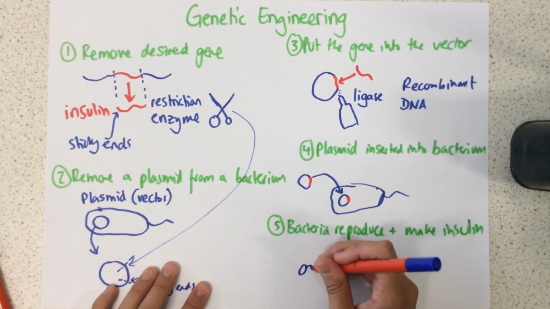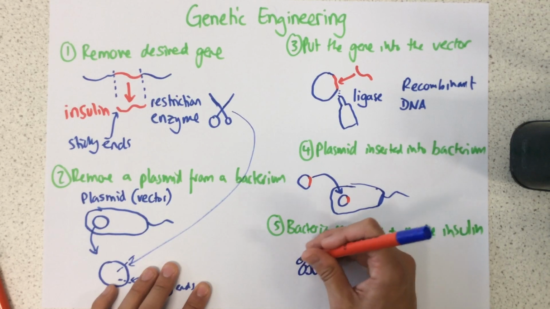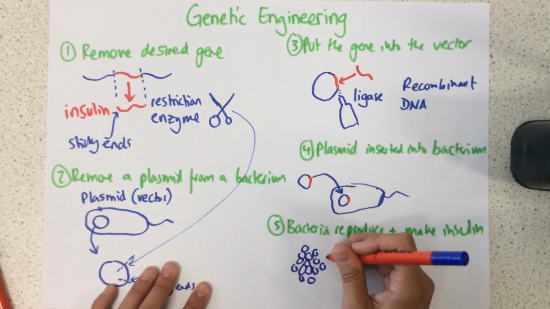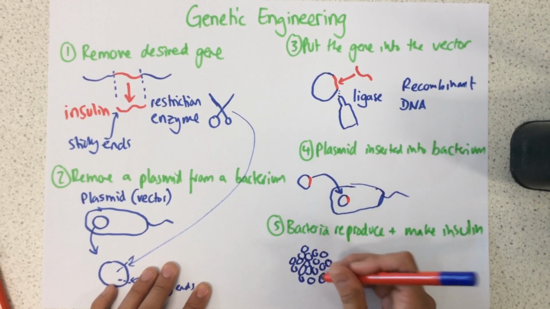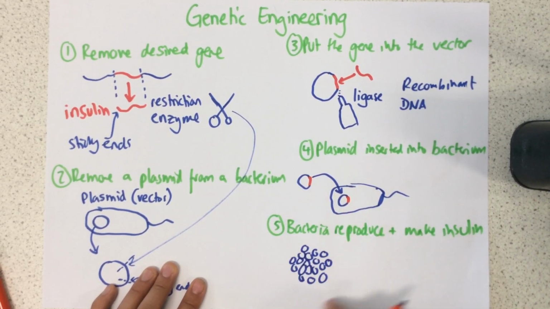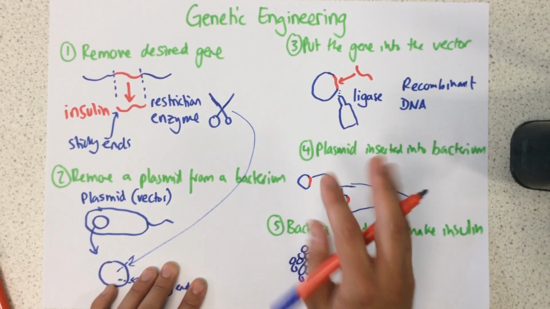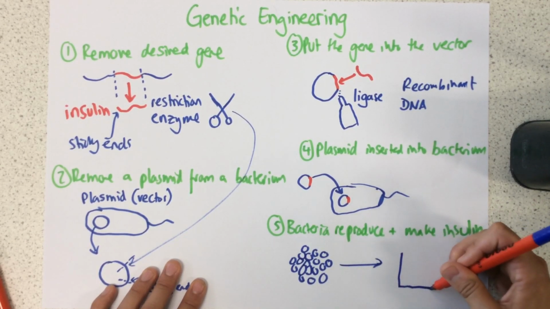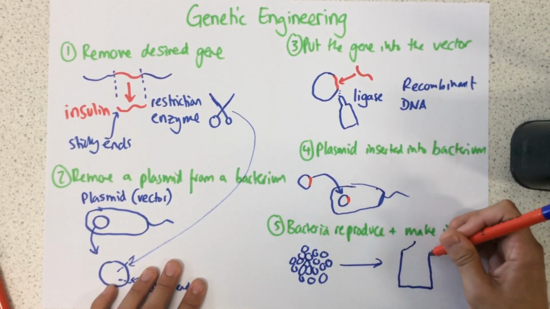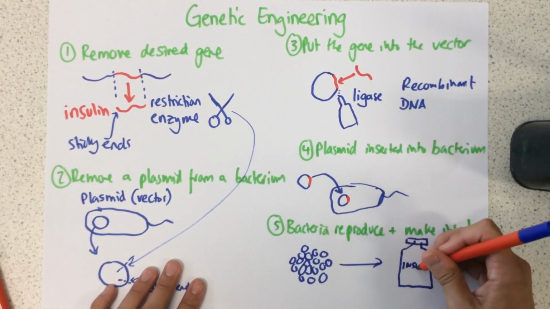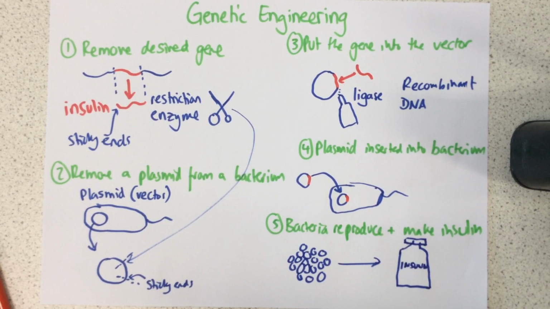They reproduce asexually to make lots and lots of copies of themselves. As they grow and make copies of themselves, they also copy that gene for insulin. So as they're reproducing, the whole time they're producing insulin, which can then be harvested and used to help people with diabetes. So we've harvested all that insulin.